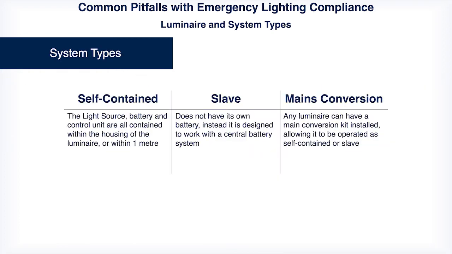So finally, the different system types that are out there. This is moving away from the luminaires, and these are the different types. The vast majority of emergency lighting in the UK is serviced by what we call self-contained light fittings. These operate autonomously on their own. In the event of a failure of the energy source, the beauty of them is that only one luminaire fails at that point, and not the entire system.